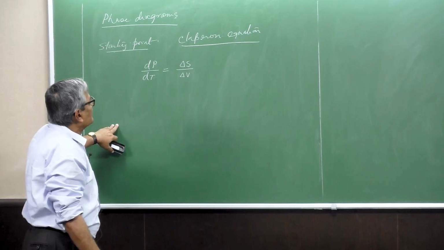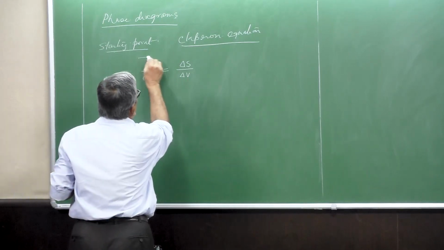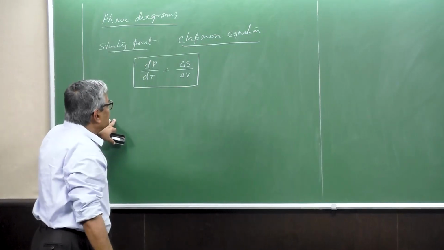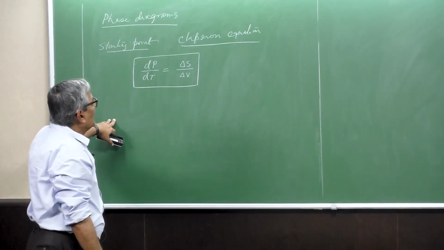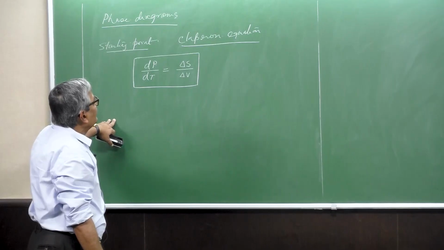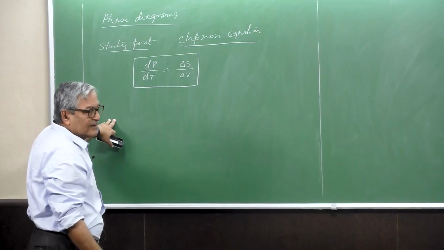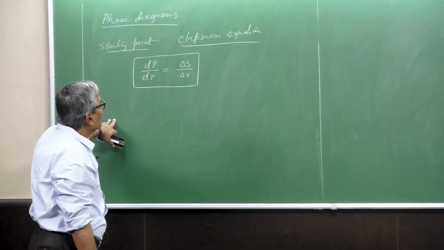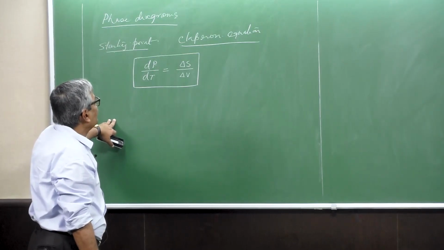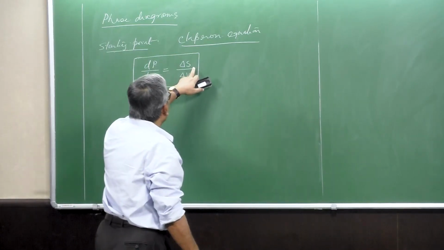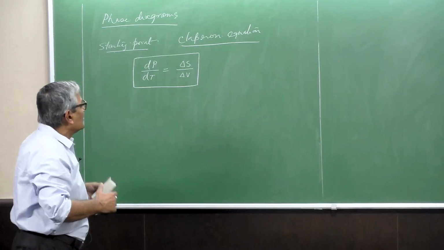So, that was the starting point for our discussion. So, if this is so, then we take each case of transition between the phases separately. First, we take this delta S by delta V for separate cases.